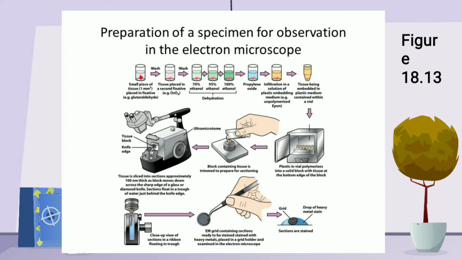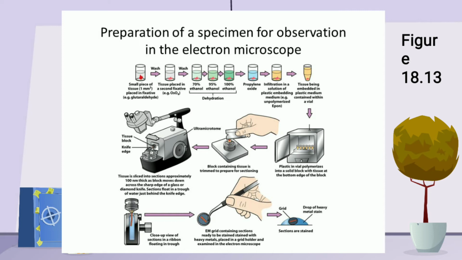Fixation of tissue for electron microscopy is much more critical, meaning difficult, than for light microscopy because the sections are subjected to much greater scrutiny. So it means that it needs critical observation or critical investigation.